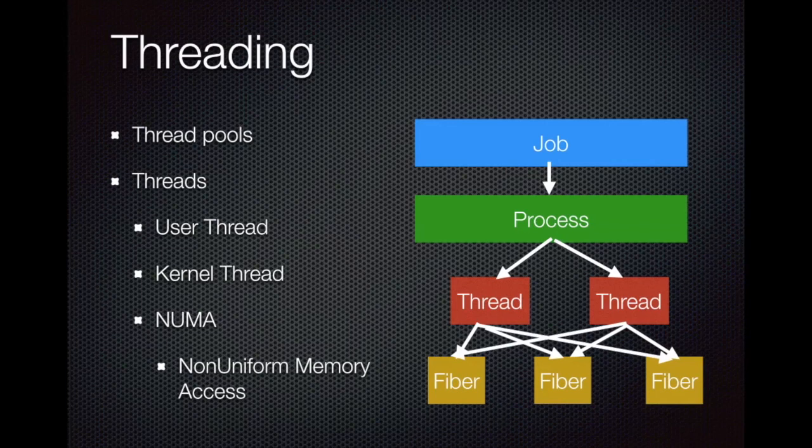Another function that Windows has added is the non-uniform memory access function, which is NUMA. There's a part of the operating system that keeps track of what memory is on what local cache on which processor.